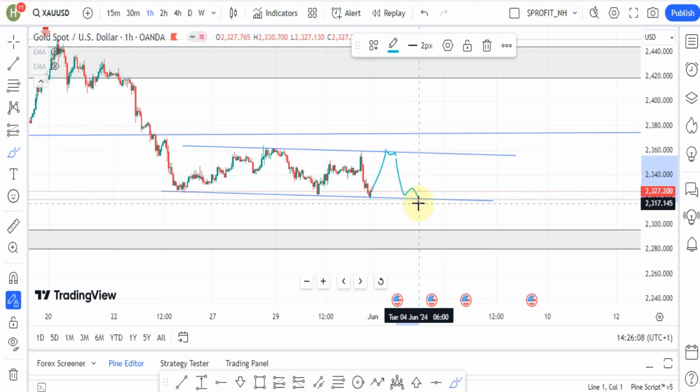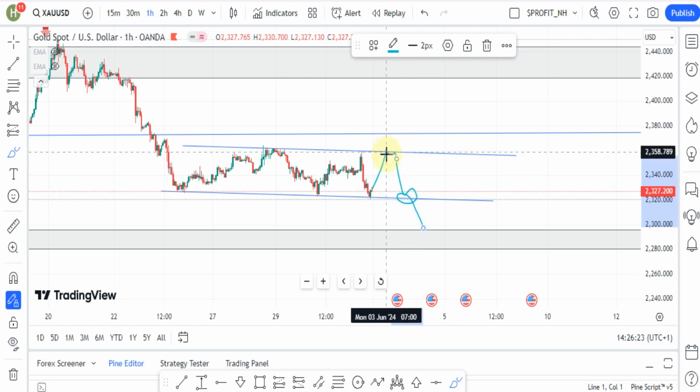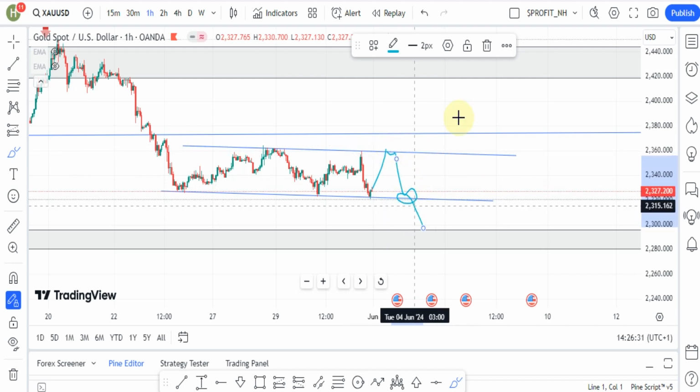We can hold it all the way down here, and probably you can continue holding all the way down there, but you should be keen on how the market will be reacting around this area. If you'll be holding, you'll have your stop loss at break even, just to protect your money, because this market might not break immediately below this area.